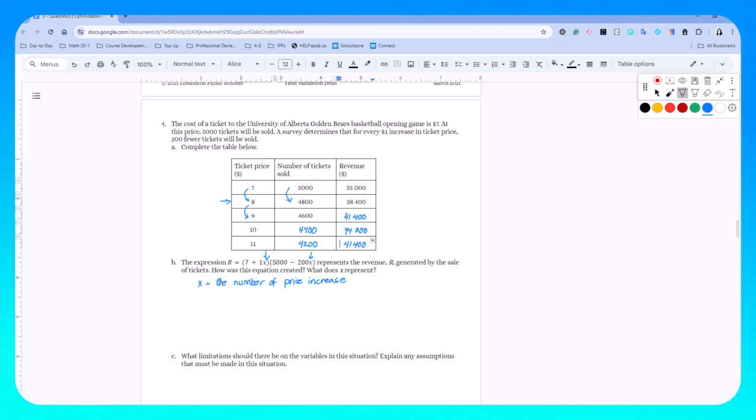So 7 plus 1x represents the ticket price, and 5,000 minus 200x represents the number of tickets sold.